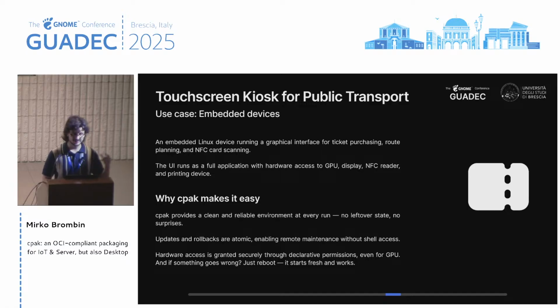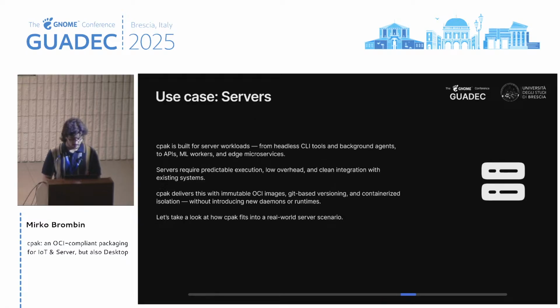I don't have to adapt how my application works or all the things I just said. I just want access to the graphical display server, showing my application, get access to the NFC card reader, and maybe a webcam or something like that. And this is exactly what cpak does. Nothing more, nothing less. The same goes for servers.